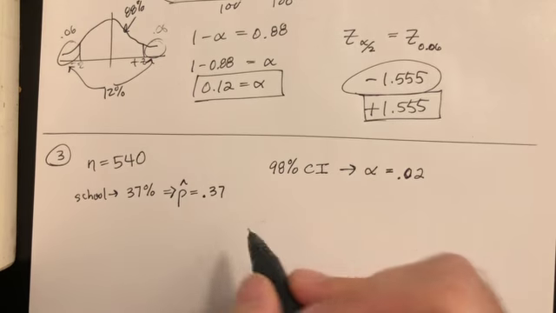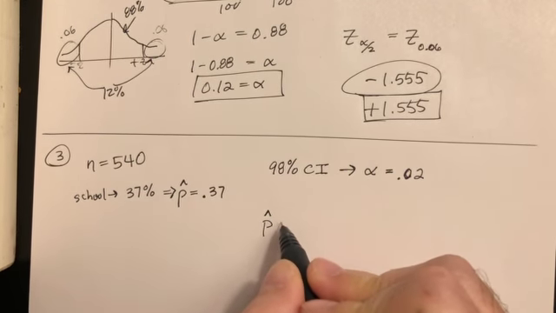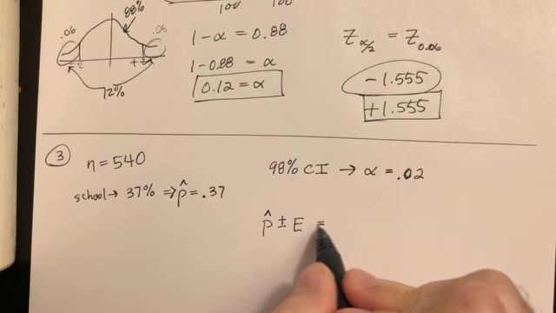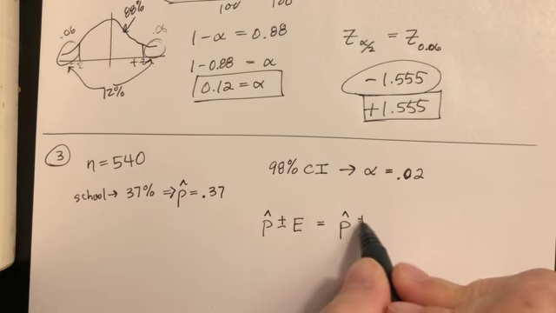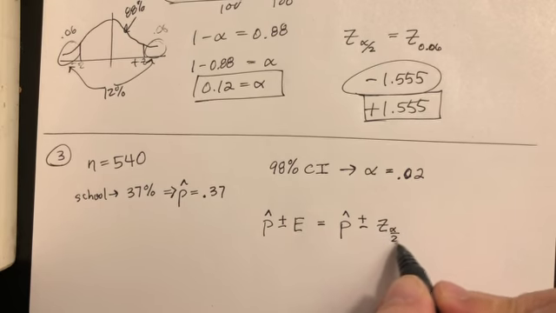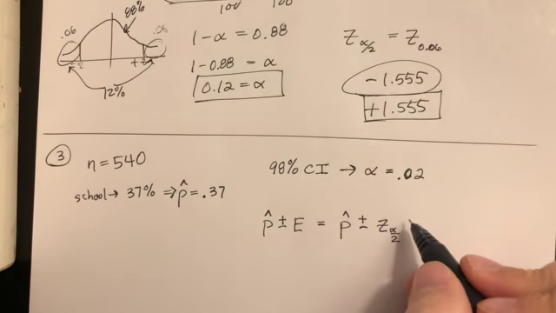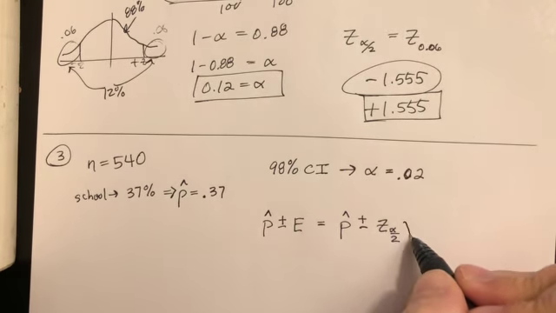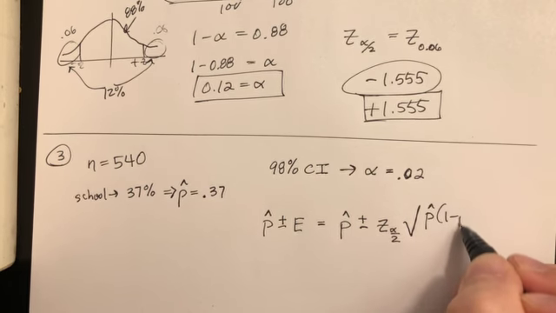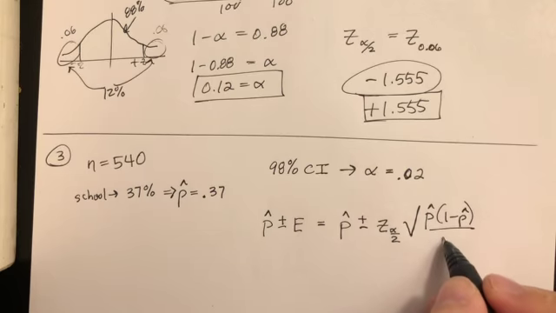A confidence interval is always p hat plus or minus the error. And the error is found by finding your z alpha over 2. See, that's why I made you do it. And then multiplying it by the square root of your p hat times 1 minus p hat all over n.